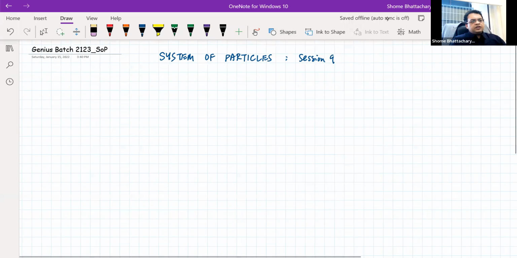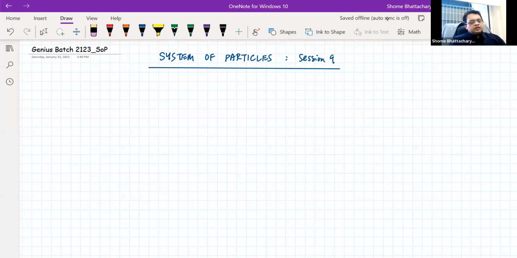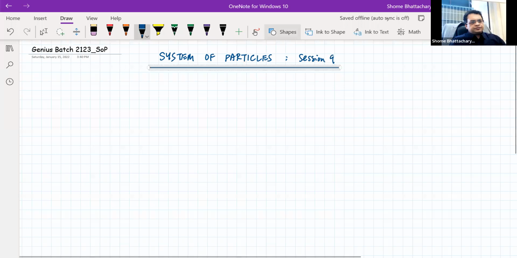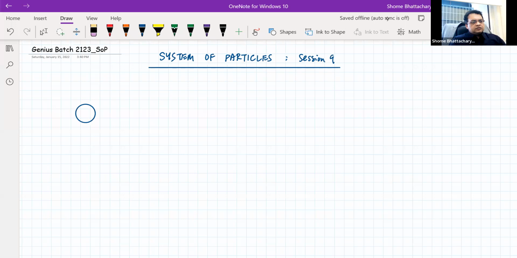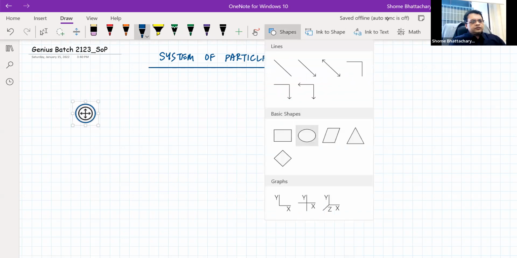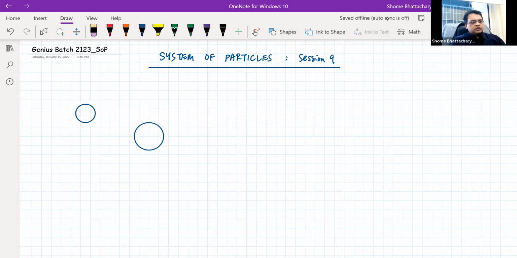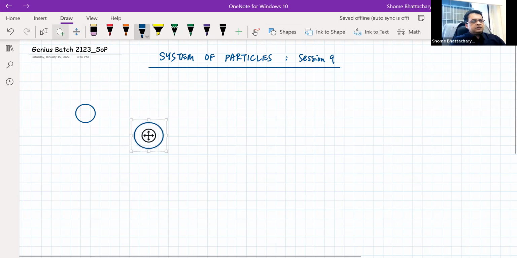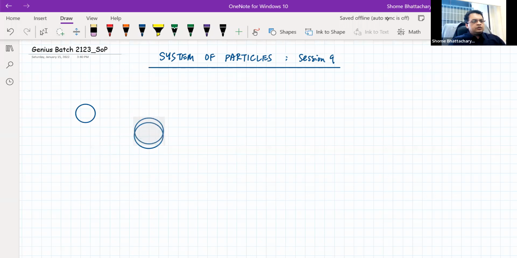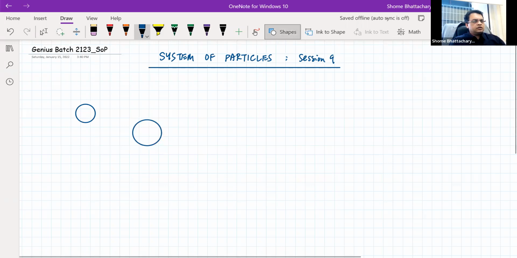So we were discussing oblique collisions in the last lecture, and we saw the basic idea that typically, if a moving body goes and collides with a stationary object, we have four unknown quantities, because after impact the directions of the final velocities are unknown.